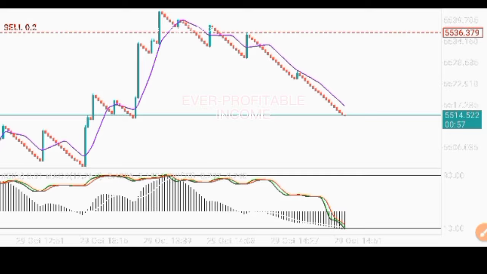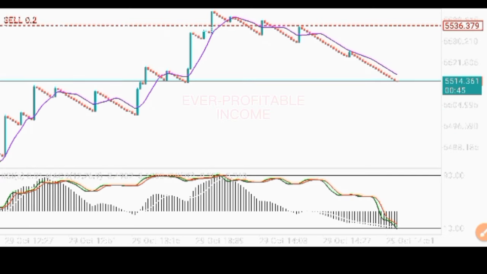So when you've identified that the trend is bearish, you have to wait for the point at which the 15 minutes, the 5 minutes and the 1 minute align with each other.